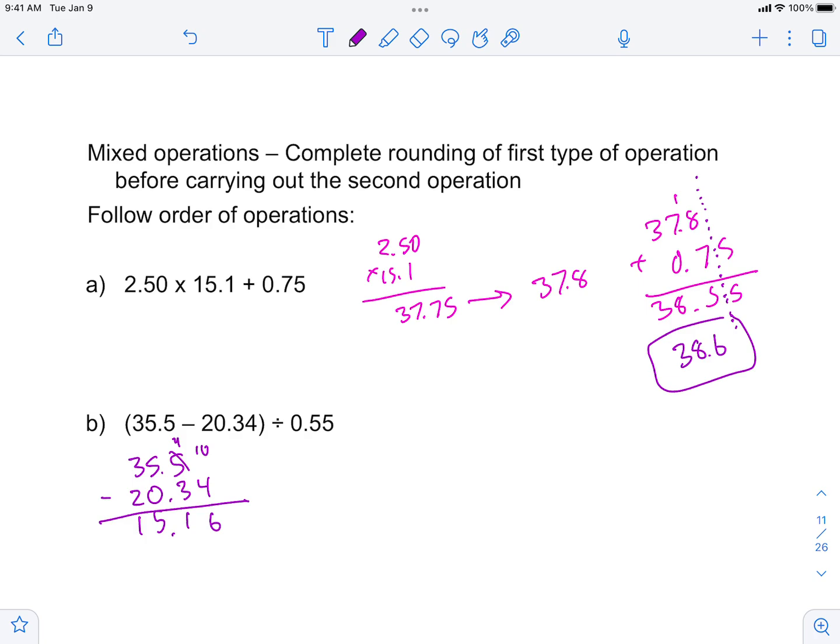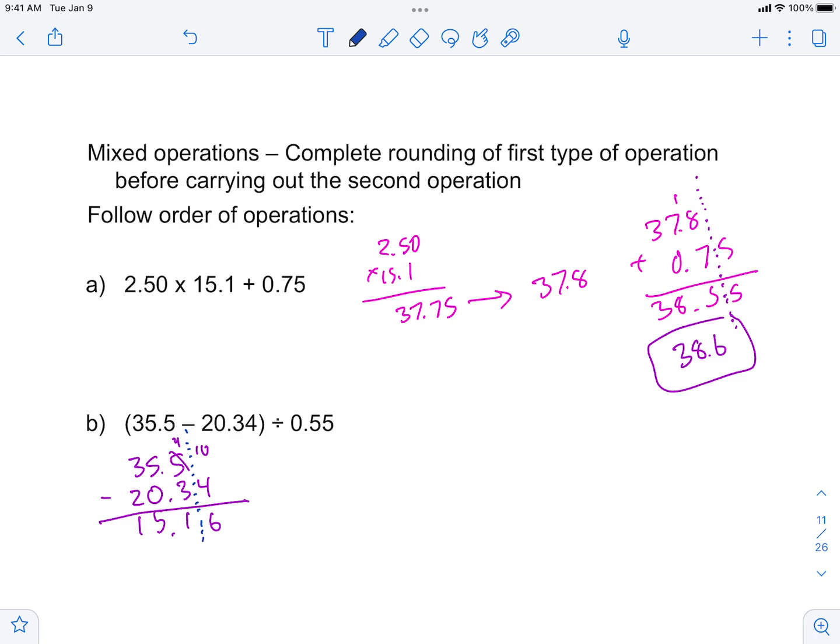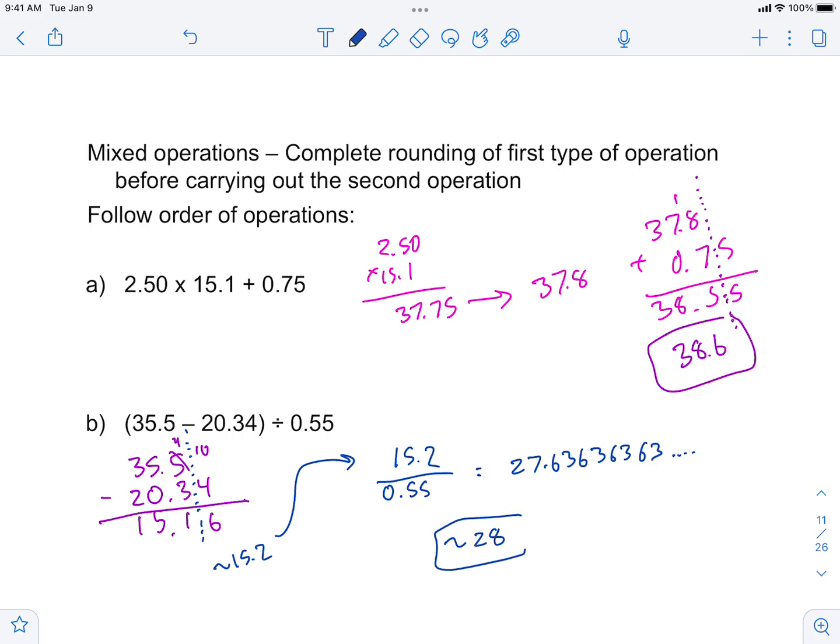Okay, so subtraction yields 15.16, but as we just discussed, this will have to be rounded to 15.2, and then we take that and now we divide it by 0.55. We are allowed 2 sig figs. The 27.63 repeating will just round up to 28.